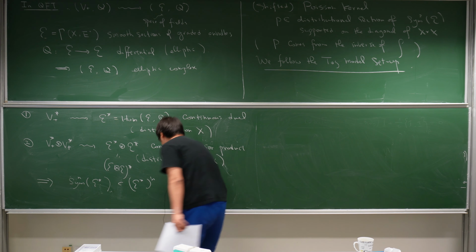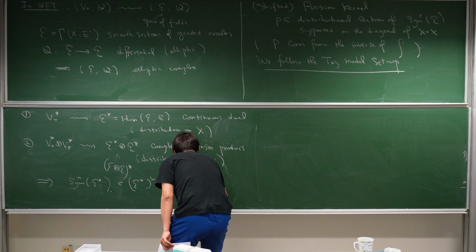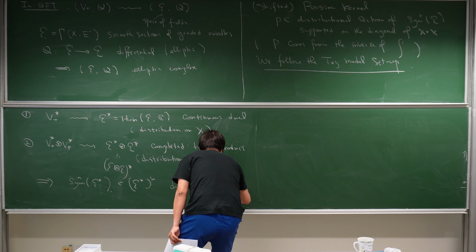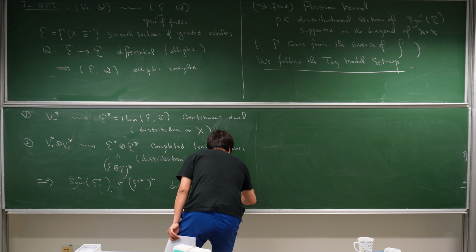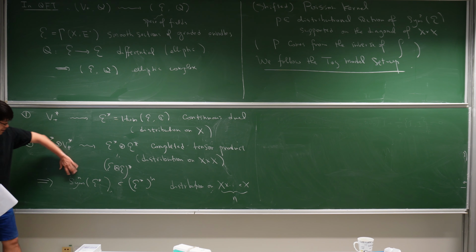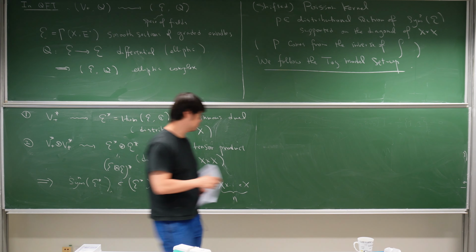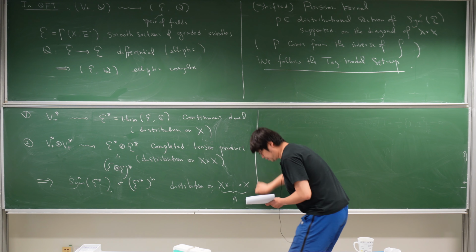So this is given by distributions on the nth product. And you look at just a symmetric subspace. So this is like a polynomial function on this space. And this is a graded symmetric product, as I mentioned before. So far, this is also okay.